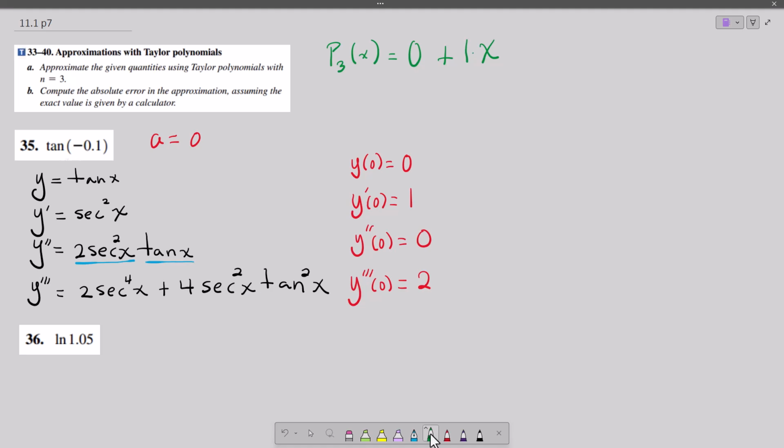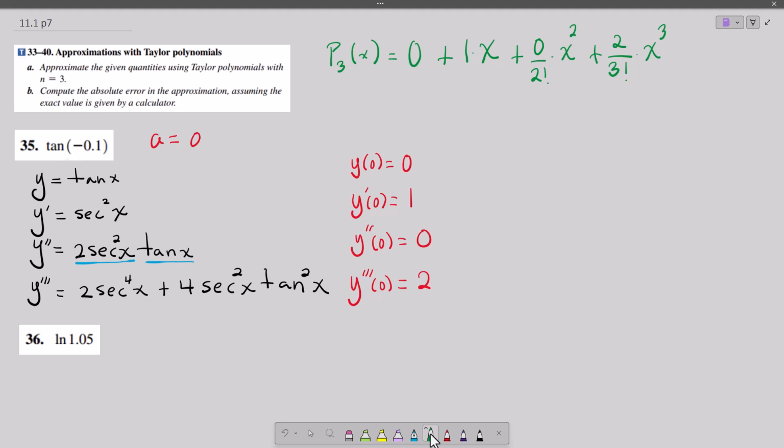And then plus 0 divided by 2 factorial times x squared. And then plus 2 divided by 3 factorial times x cubed. So that is our third order approximation.